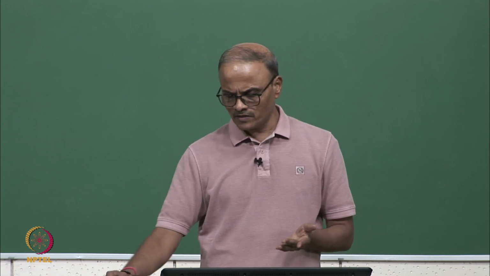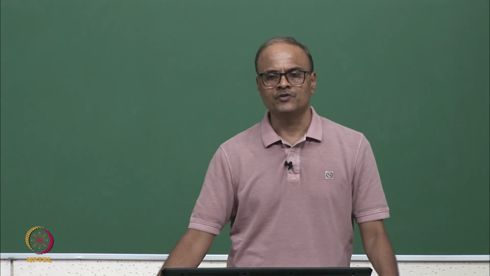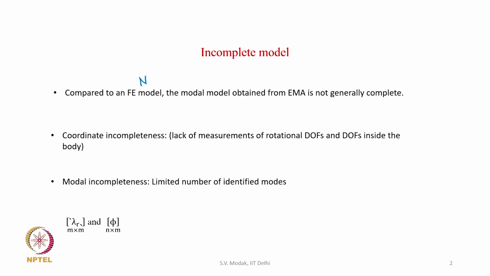If you look at the eigenvalues and eigenvectors which we get from the experimental model, we will have, say, m modes that are measured. So, there will be m eigenvalues and m mode shapes, and let us say the measurements have been taken at small n test points. So, the number of elements in each mode shape would be equal to small n. This makes the eigenvector matrix of order small n by m, and the eigenvalue matrix will be of order m by m.